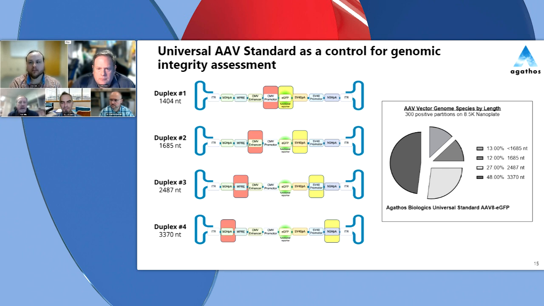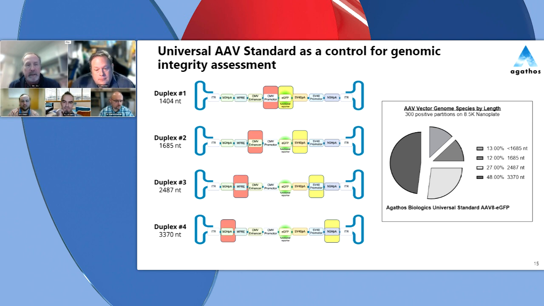But we haven't done a side-by-side comparison of taking the AAVs that we've worked with for integrity mapping by dPCR and comparing that to long read data that we've generated on those same sequences in-house. So maybe David would be better suited to answer this question.